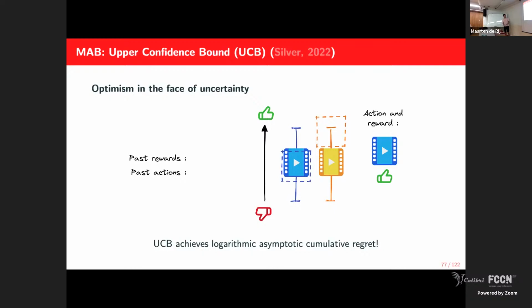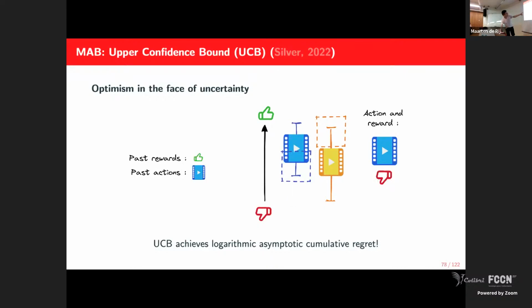So we should try and reduce their uncertainty before exploiting. So what we're going to do is keep an estimate not only of the expected reward, but the full confidence bound. And now we're going to act greedily, not with respect to the expected reward, but to the upper confidence bound. So that way we are incentivized to take the actions with more uncertainty and to reduce that uncertainty.